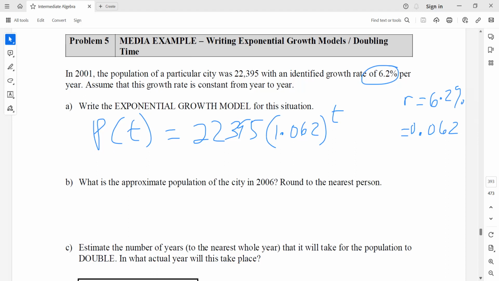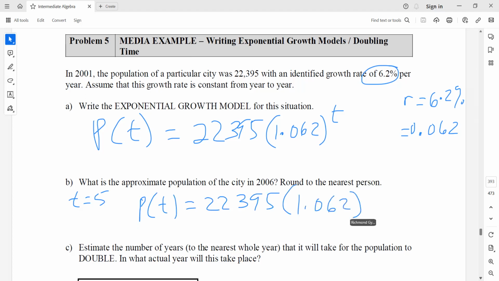Now, what is the approximate population of the city in 2006? Now, our starting year is 2001. So the way you should see it is that if someone is born in 2001, how old was that person in 2006? 5 years. So for 2006, t equals 5. We are going to have P of t equals, okay, and this should give us 30,253.36.